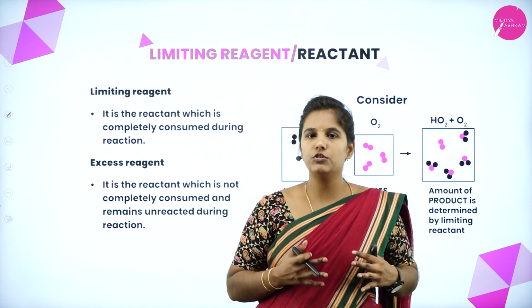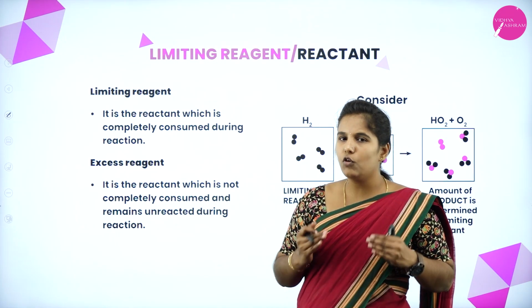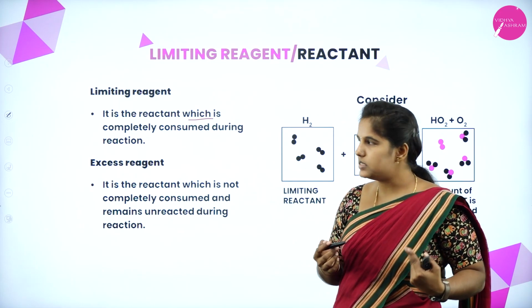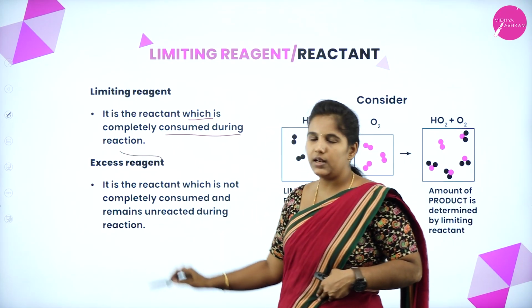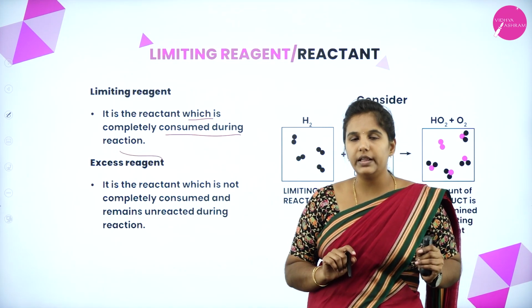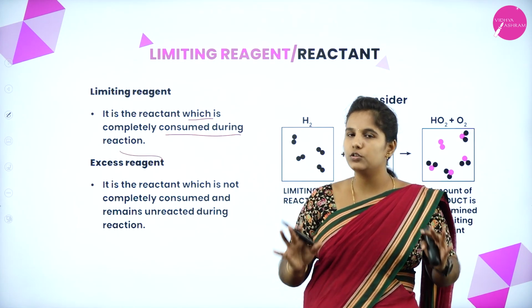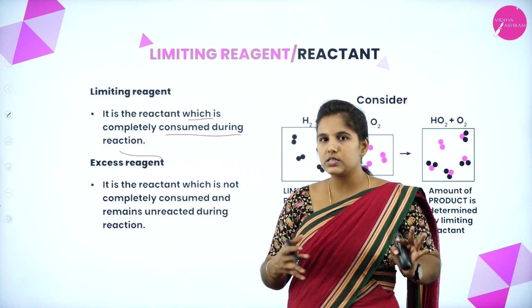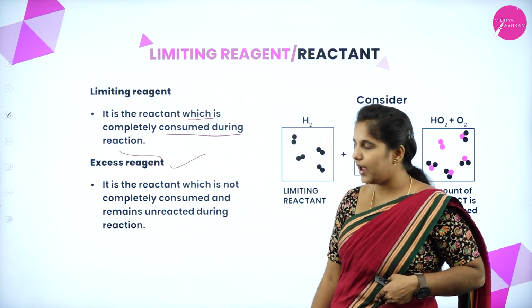That is usually found by using the limiting reagent. Then what is a limiting reagent? Limiting reagents are the reactants which are completely consumed during a chemical reaction. The other reactant, which is present in the greater amount, is called the excess reagent.